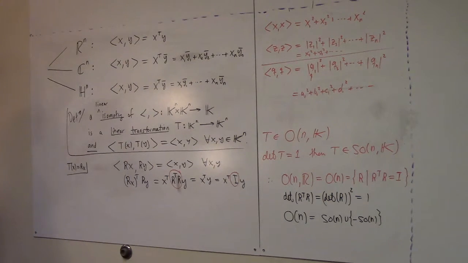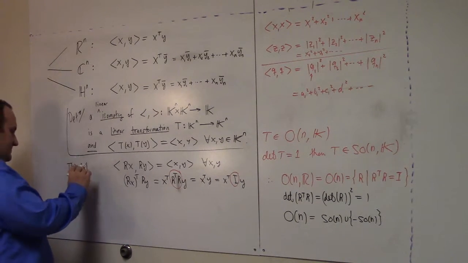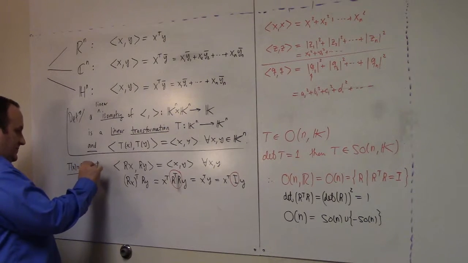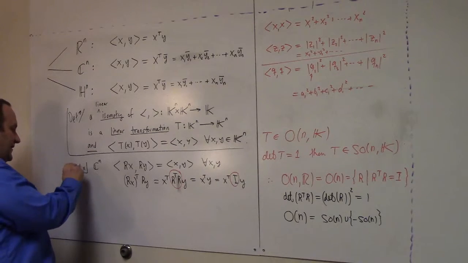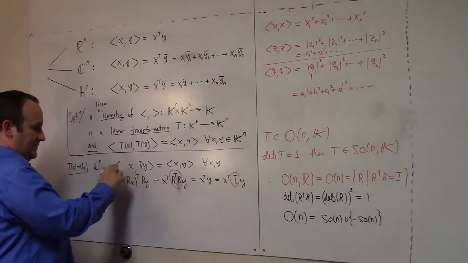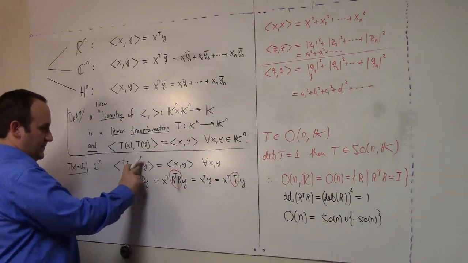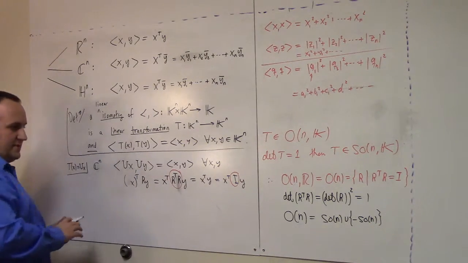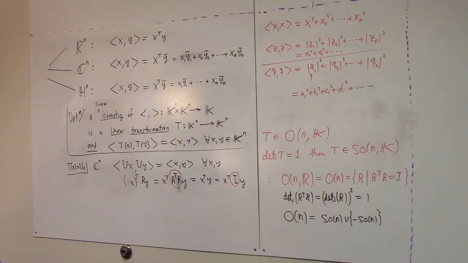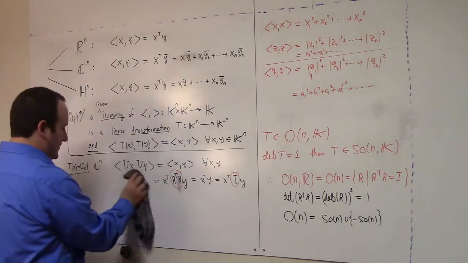What happens when you do the same calculation over the complexes? Well, traditionally we use a U in that case. Now at this point, erasing is going to become too much trouble.